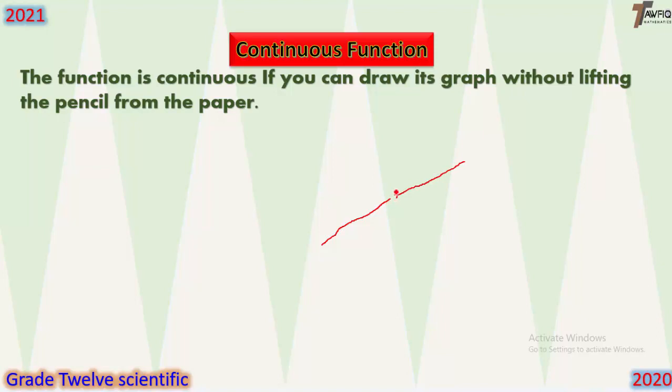The function is not continuous here, but continuous in another place. Or you have a jump in the function like this, then jumping here and starting here. This function is not continuous at this point. That is the meaning of continuity.